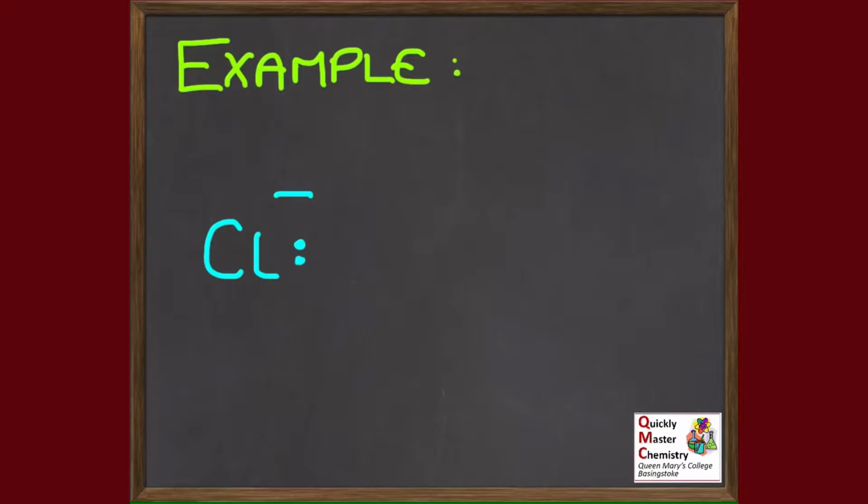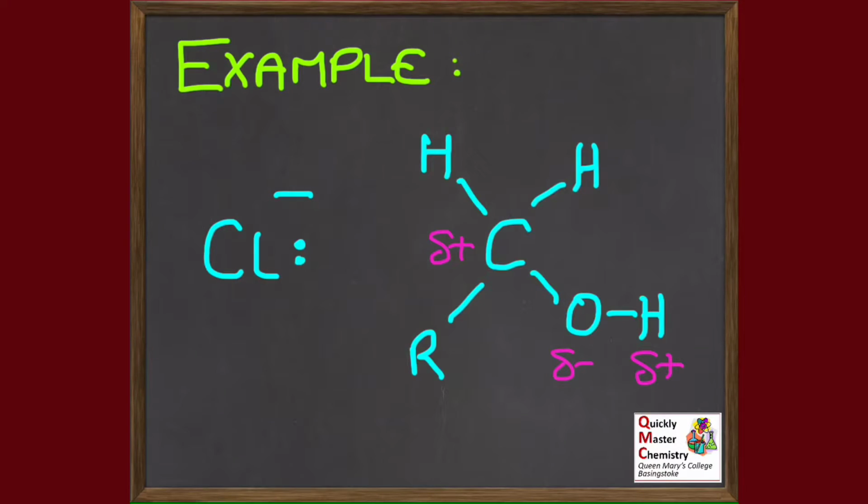To help make that a bit clearer, let's look at an example. Here is a classic nucleophile. Think about the definition: a species with a negative charge. Well, our chloride ion here has a full ionic negative charge, and a lone pair of electrons. Well, chloride ion actually has 4 lone pairs of electrons, so great nucleophile. It's attracted to a positively charged carbon. So here's a molecule that it could attack.